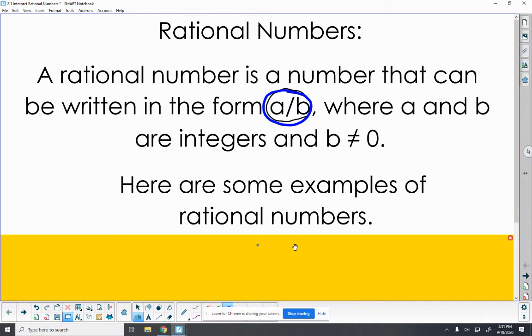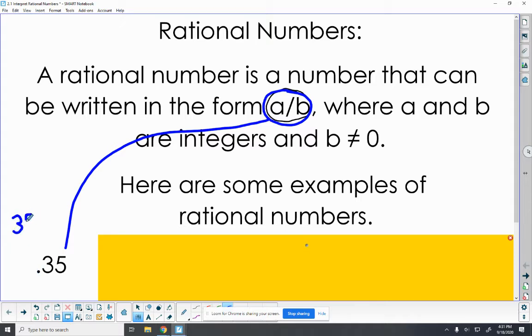So here's some examples of rational numbers. 0.35. So you might be wondering, well, I just said it has to be a fraction. Well, any decimal we can turn into a fraction. 35, here's the hundredths place, out of 100. 35 is an integer, 100 is an integer, 35 hundredths.